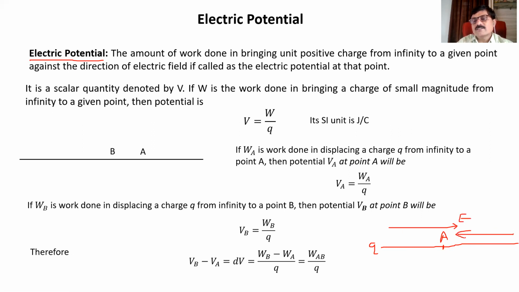So these two directions are opposite, and the amount of work done in taking the unit positive charge from infinite distance to this point against the direction of the electric field is called the electric potential.